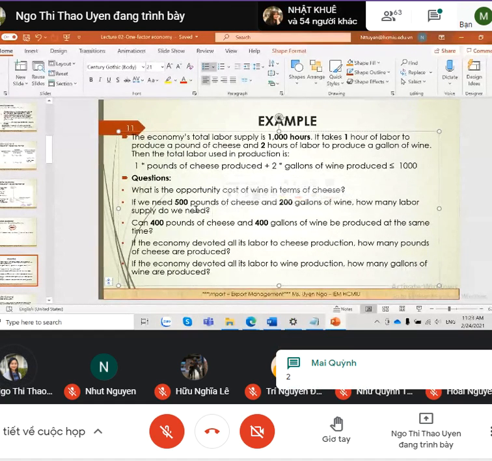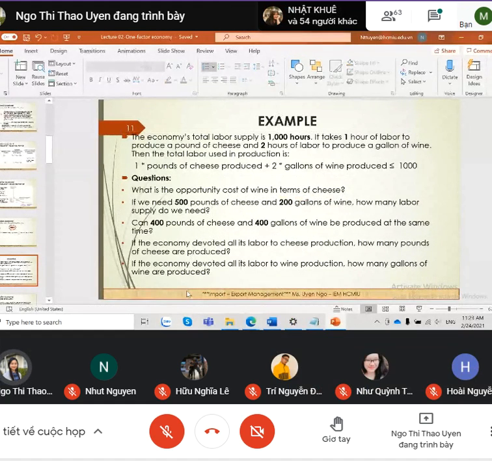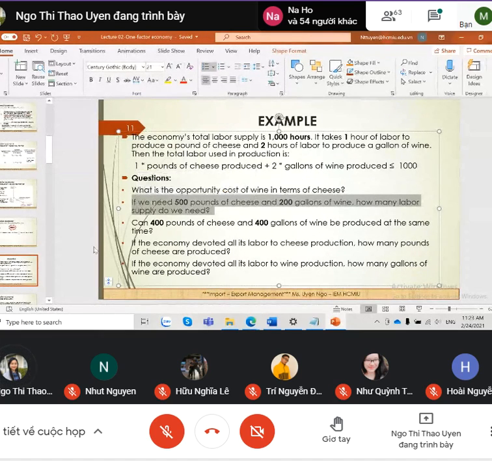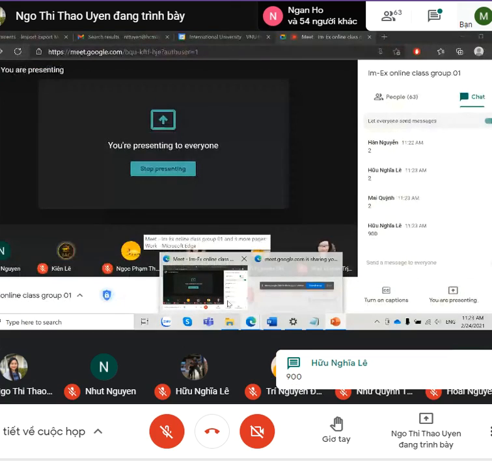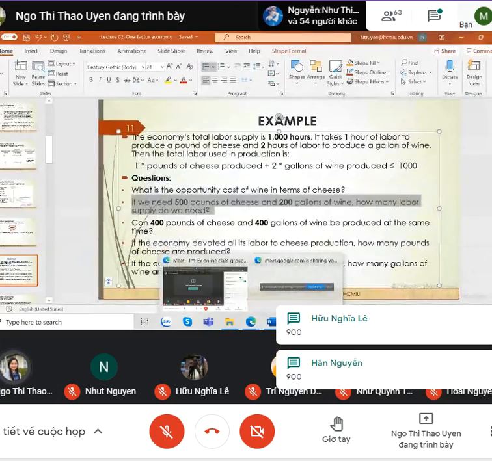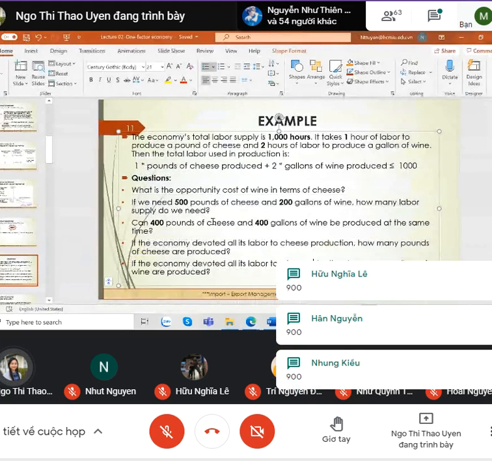If we need 500 pounds of cheese and 200 gallons of wine, how many laborers do we need? 900. Correct. 900.